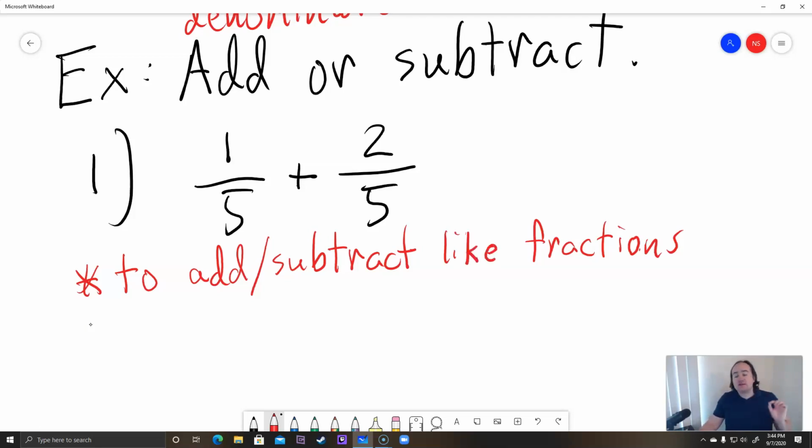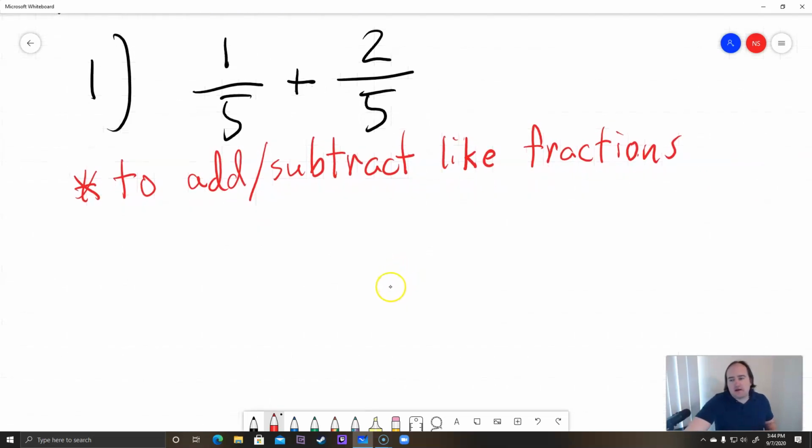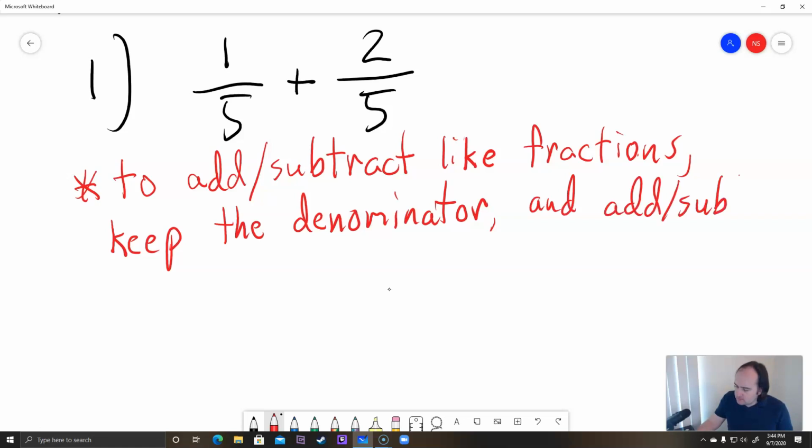To add or subtract like fractions, what you do is you keep the denominator and you add or subtract the numerators.